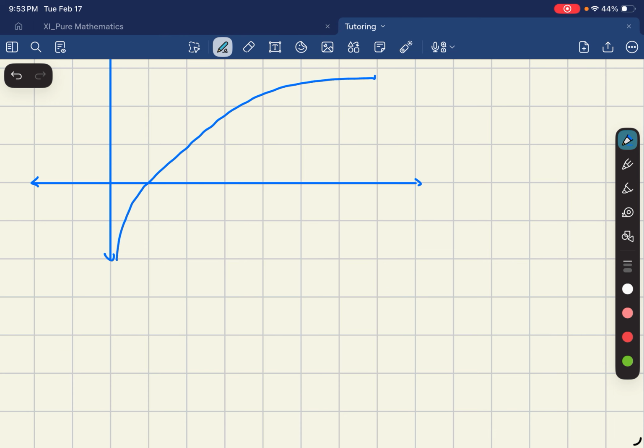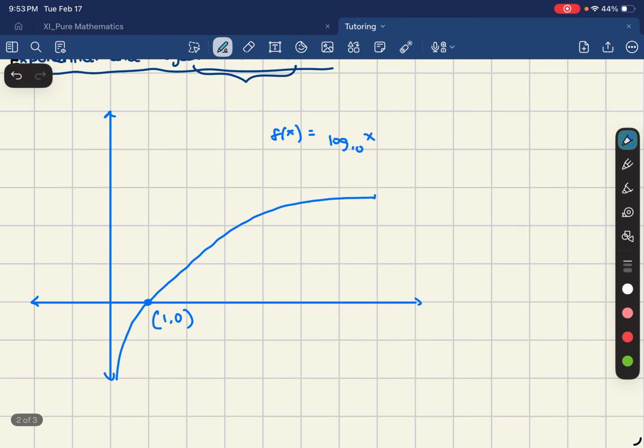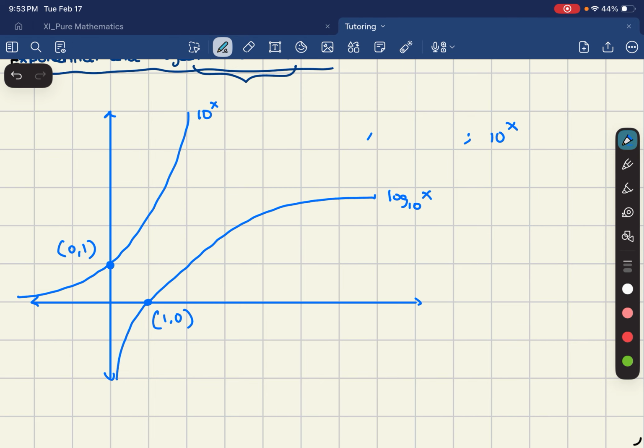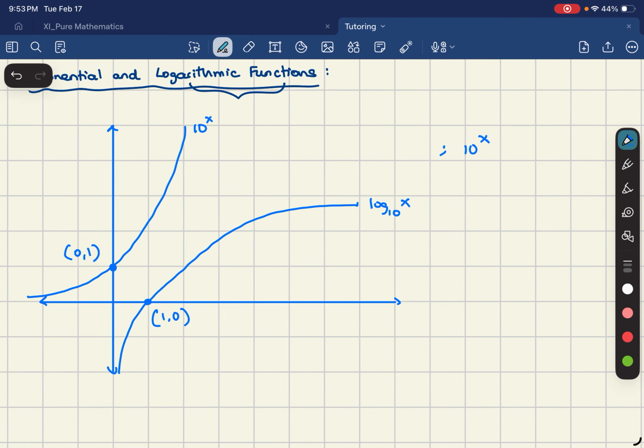and this is (1, 0). Now you might be thinking, wait, if I draw the graph of, say, 10 to the power x, 10 falls under the situation where a is greater than 1, as we previously discussed. So my graph is going to look something like this. It's going through (0, 1). This is going to be 10 to the power x. This is log base 10 of x, right? These are the two graphs I have.